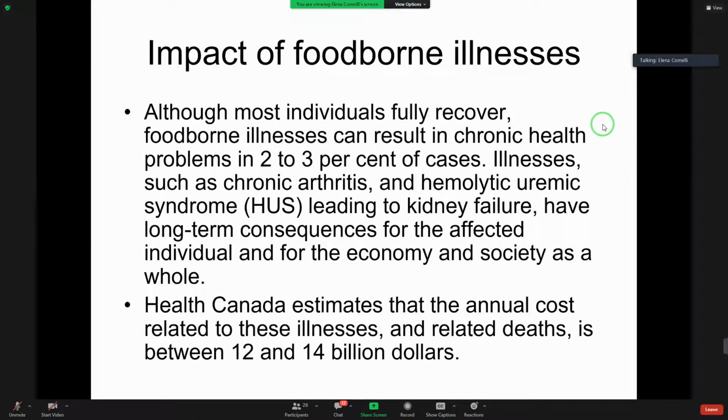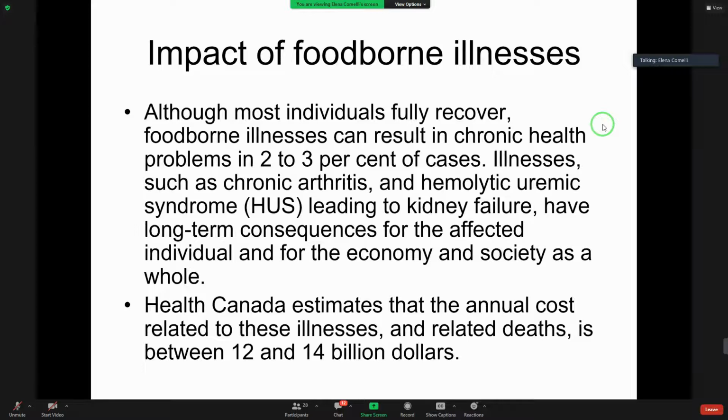So I spoke about the incidence and the importance of these diseases in Canada, and how when we examine the burden of this disease, we also have to consider the long-term consequences.